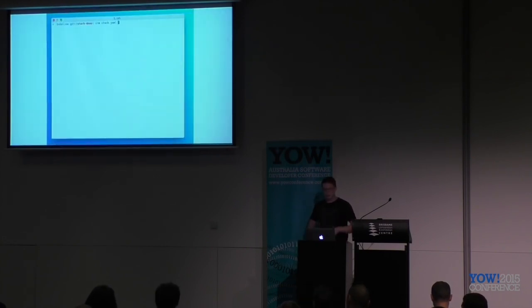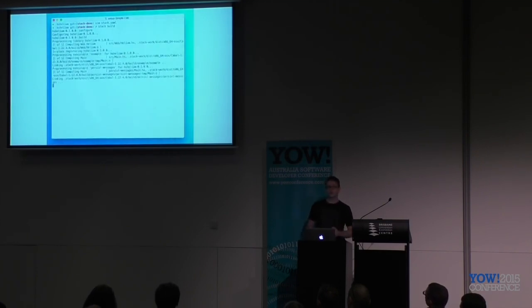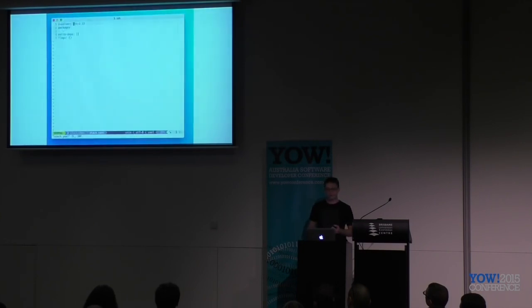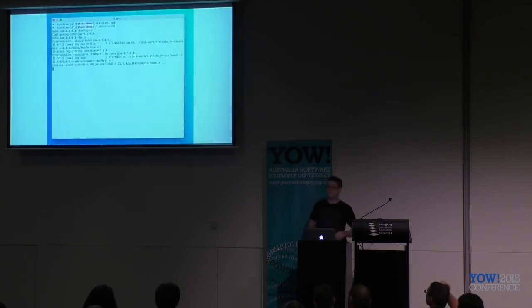So in this example, I'm going to show changing a snapshot version from 2.22 to 3.15. This is actually going to not just change the version of all of the snapshot dependencies, but also change the version of the compiler from GHC 7.8 to 7.10. So we no longer have to manually make sure that the correct version of GHC is in our path.